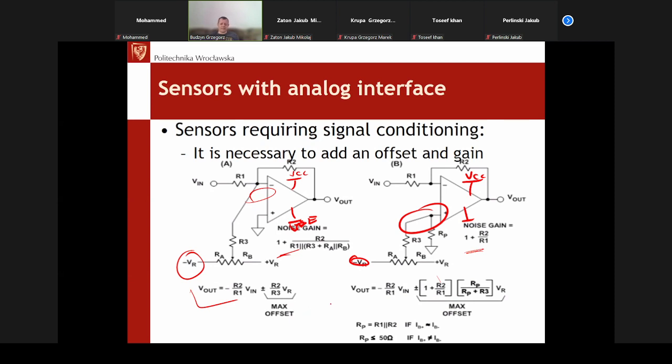Solution B has the disadvantage that, unfortunately, the offset is fully dependent on R1 and R2. So when designing this circuit, when we modify even one element, usually we have to modify an element in the other branch in order to keep the offset and amplification profile proper. That's the problem of solution B.